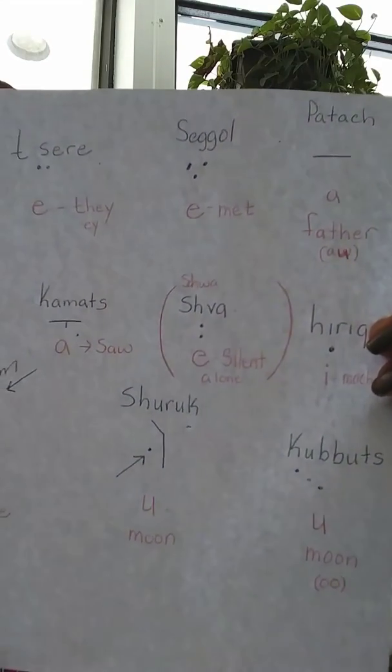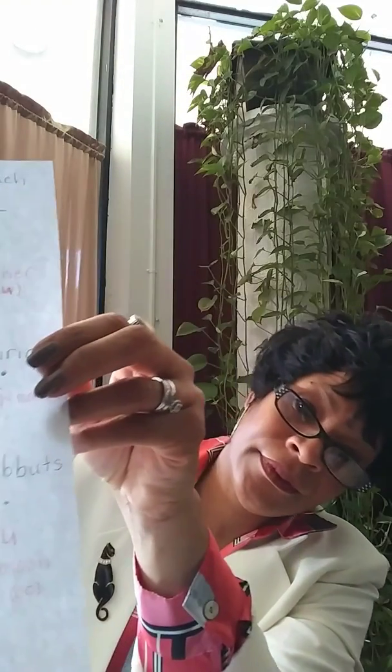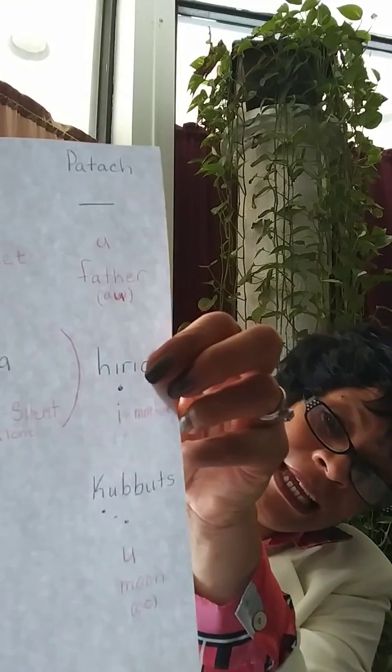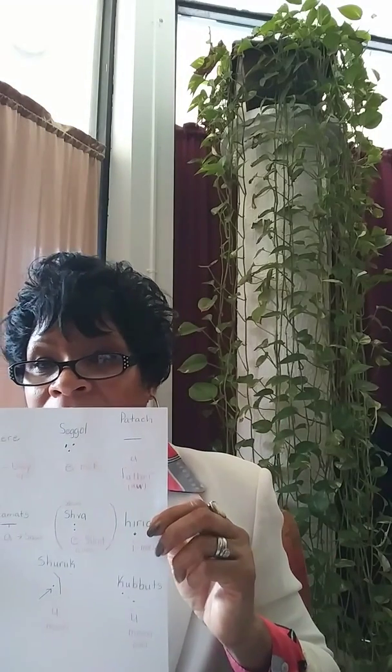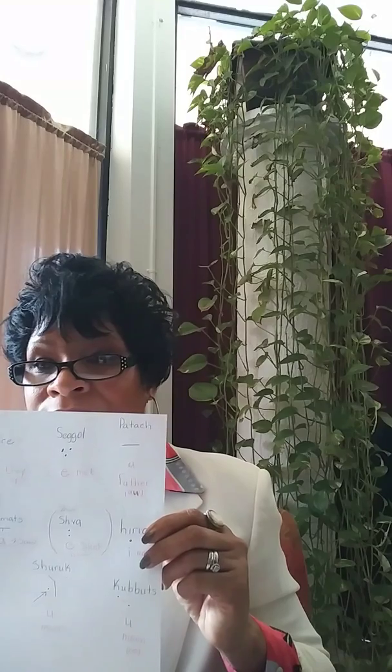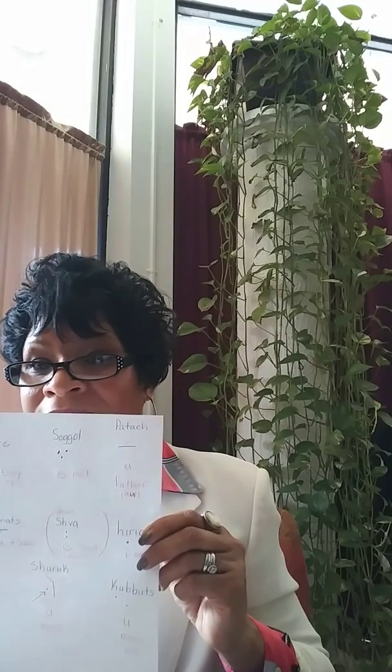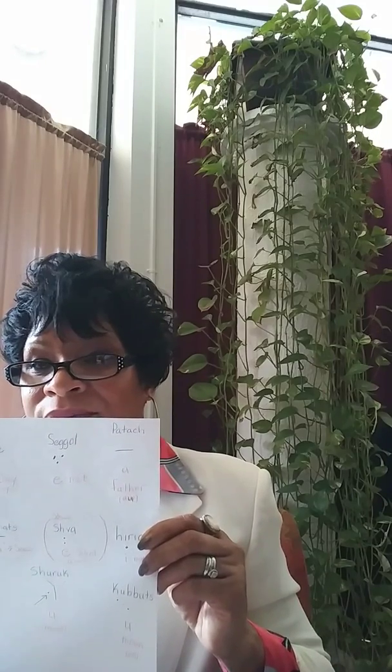You can go back. Here are some notes you can look at. The tsere, two dots. It's an E as in they.